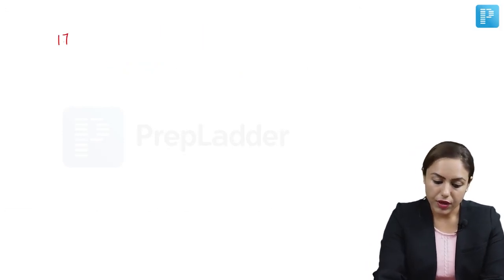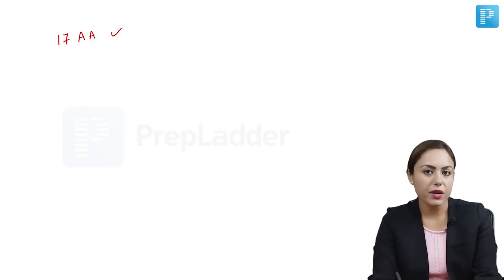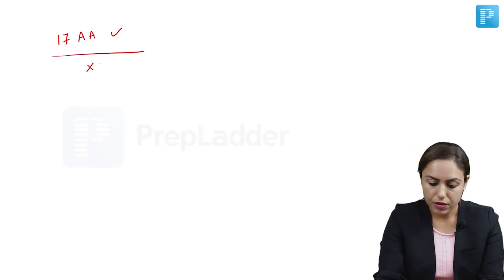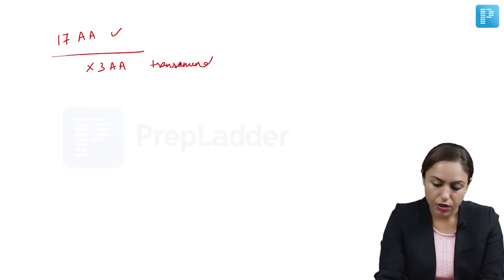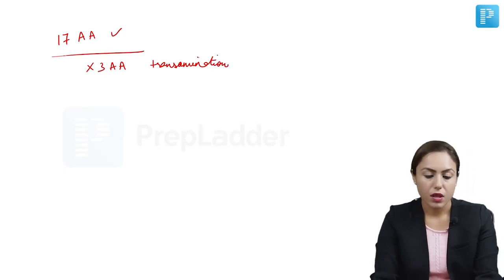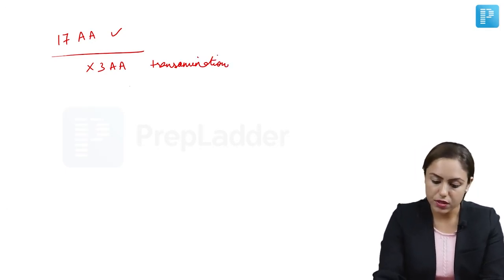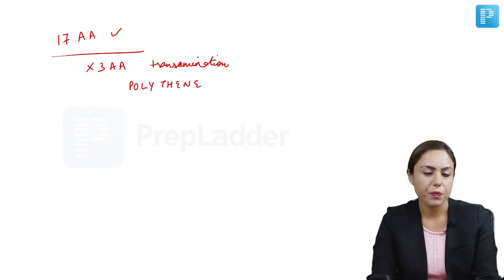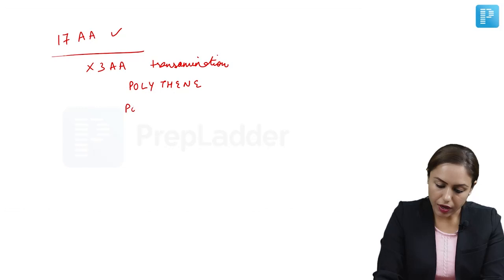Then 17 amino acids take part in transamination, but 3 amino acids do not undergo transamination. We have to learn these 3 amino acids by a mnemonic, that is polythene. Polythene, write P-O-L-Y and thene.